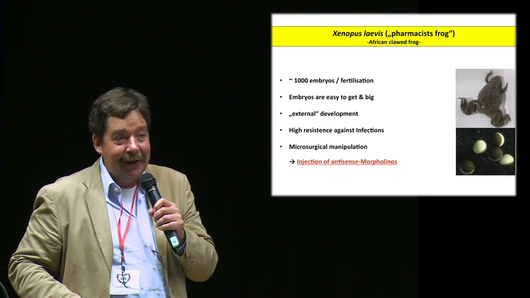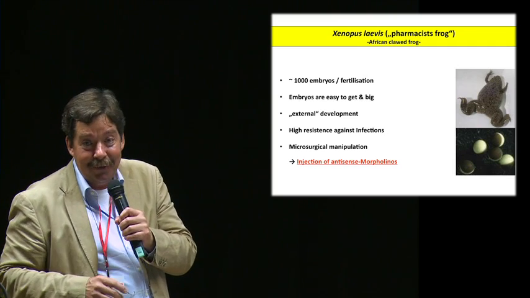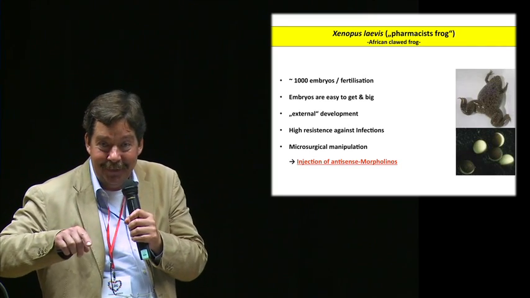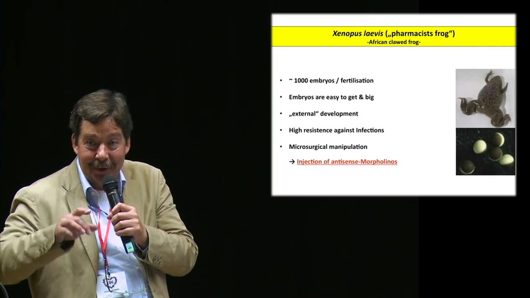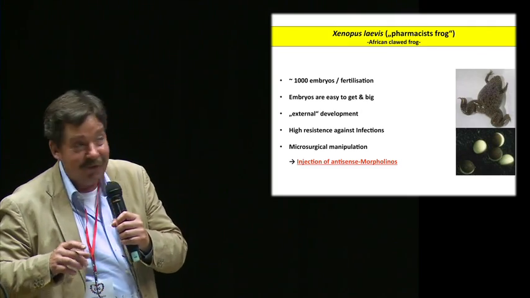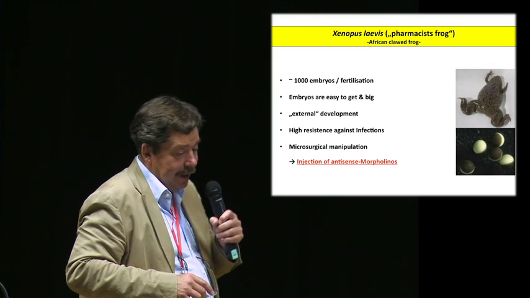They just gave urine from women to the eggs of the frog, and when they showed what I described before, it was a sign that the women are pregnant, and therefore they are called pharmacist's frog. But it's Xenopus laevis, a pretty big frog, and it's easy to work with these embryos because they are big and easy to manipulate.